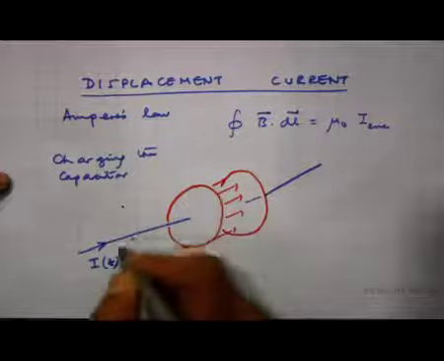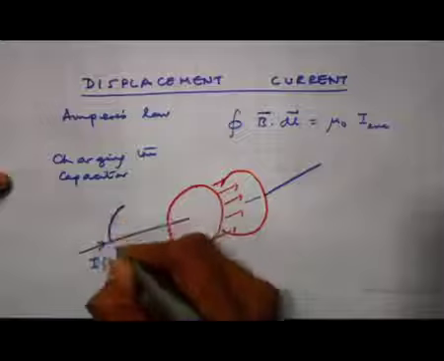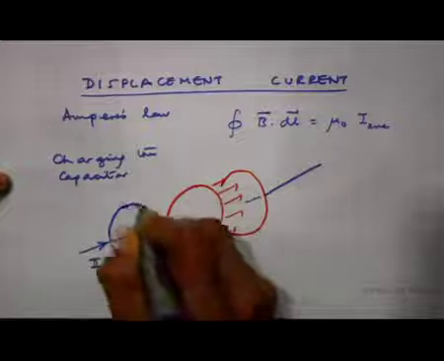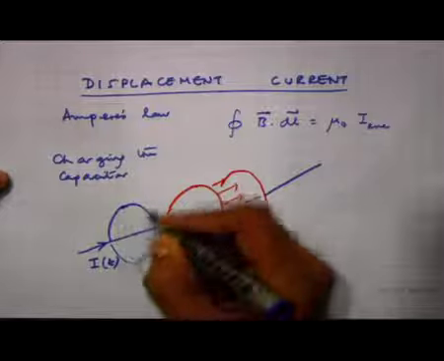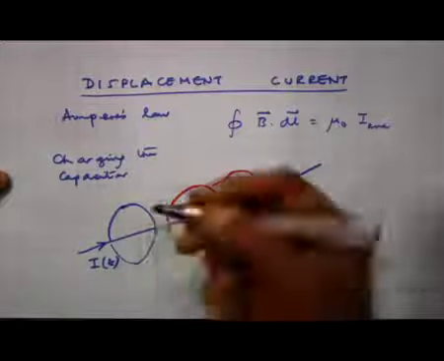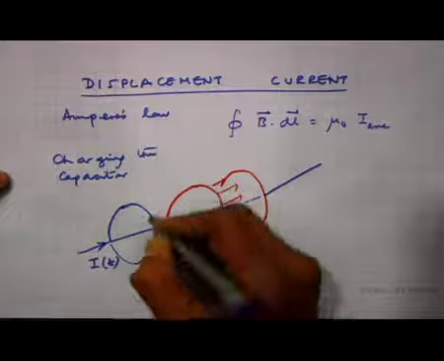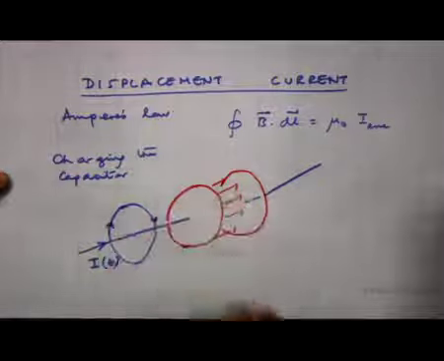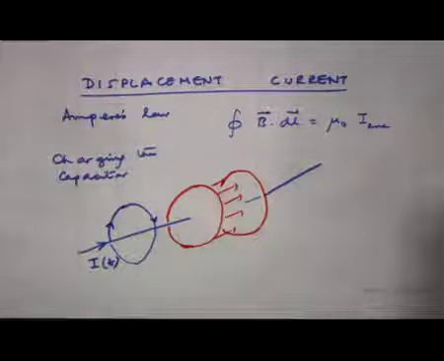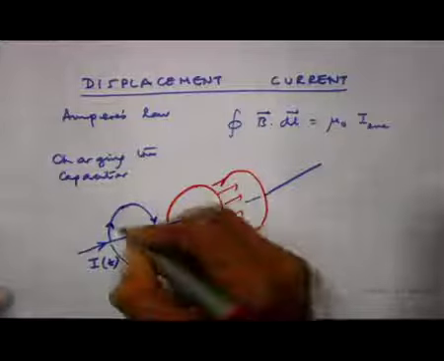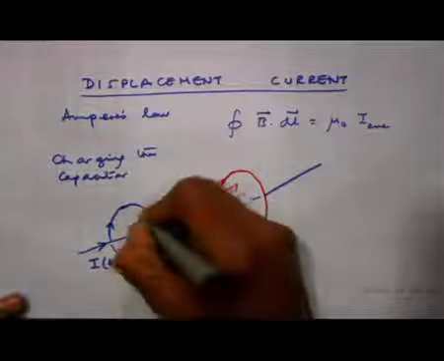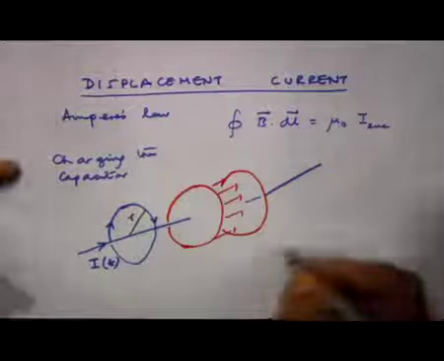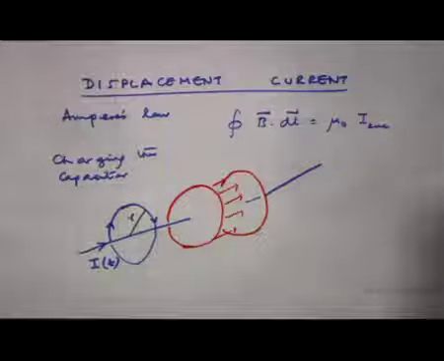So, what I will normally do as before is take a loop like this, and so this is my loop. Because my current is flowing like this, let me define my area of the loop of integration like this. That is a loop which I take at a distance, say r, from the axis, and I use this formula for calculating the magnetic field.